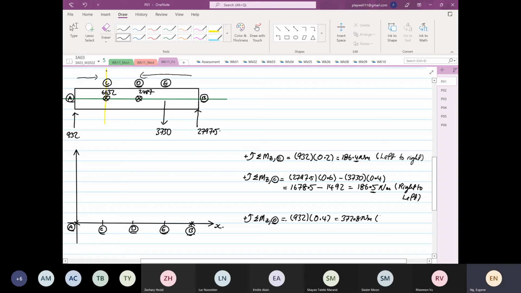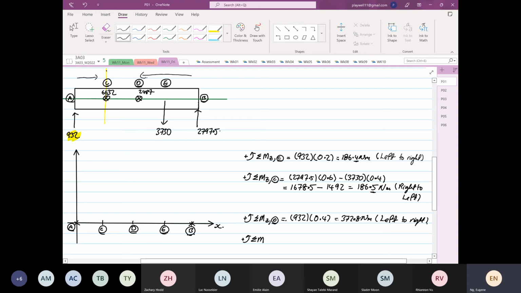In this case, I'm dealing from left to right. Why am I doing that? Because if I do left to right, I only have 932 to consider. I don't need to do the 3730, so you get fewer steps. But I've shown you that the answer is the same.